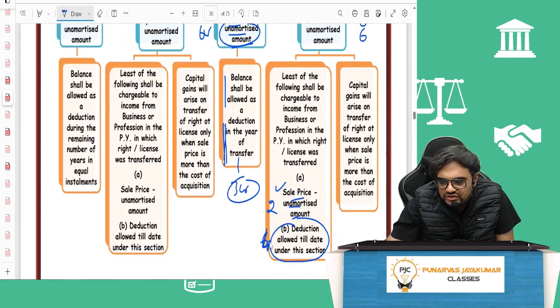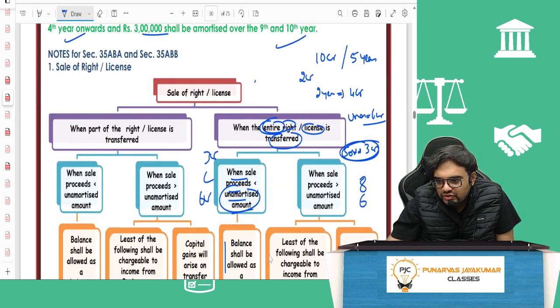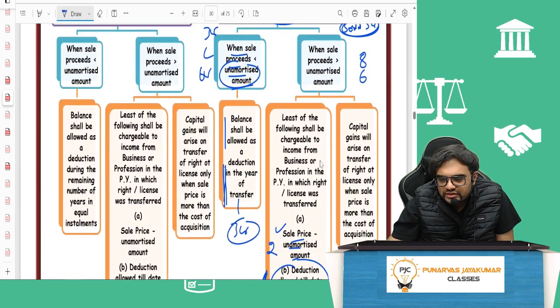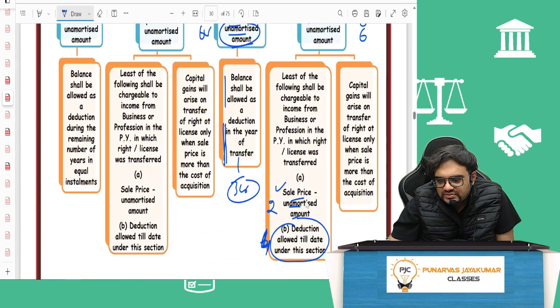Unamortized is 6, right? 4 is already allowed here. I told you in 10 years, 2 years already allowed, 4 crore. So what will I do here? Sale price minus unamortized amount. Sale price is 8 crore, minus unamortized amount 6 crore. What is the balance? 2 crore.